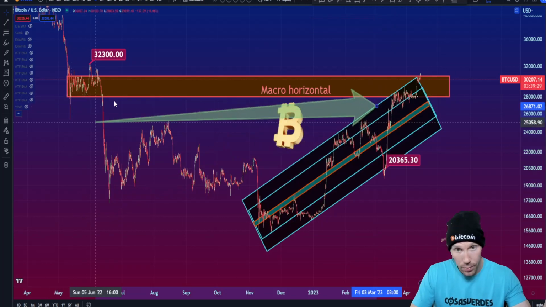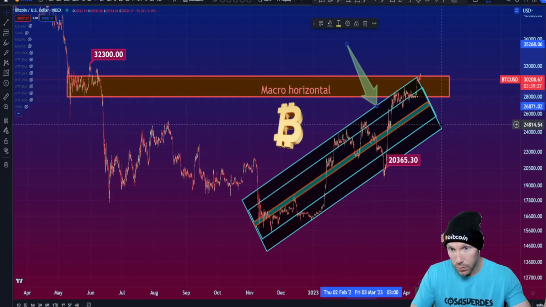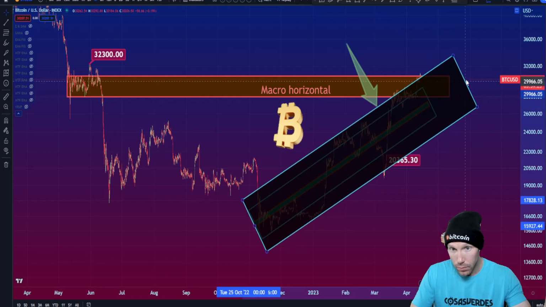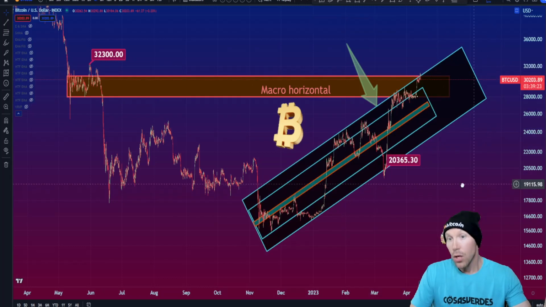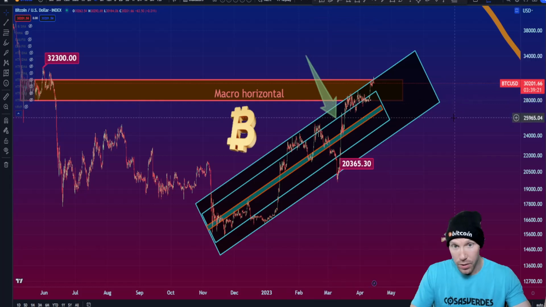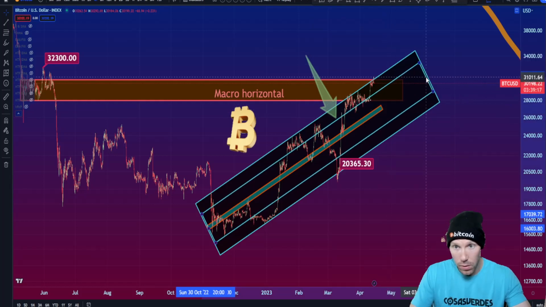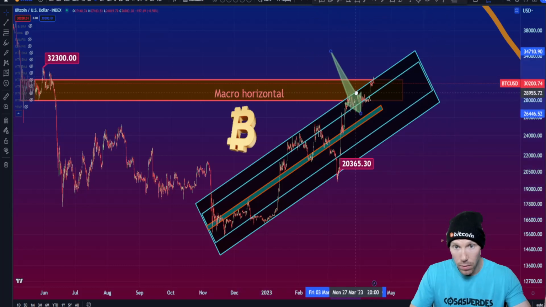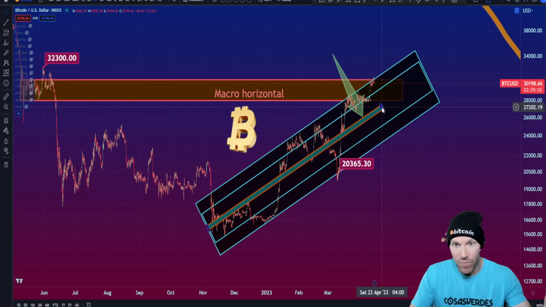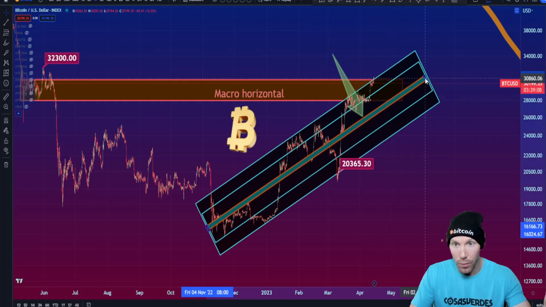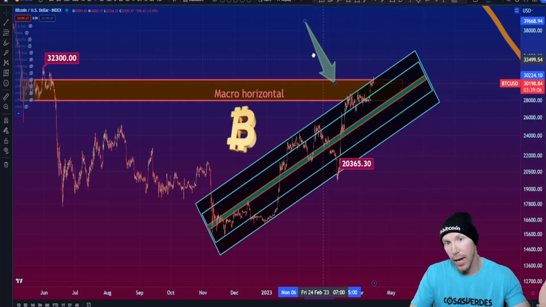Let me do this. So for example, if Bitcoin simply hangs out and doesn't really do a lot, just floats around with the stock market potentially, look what could happen here.